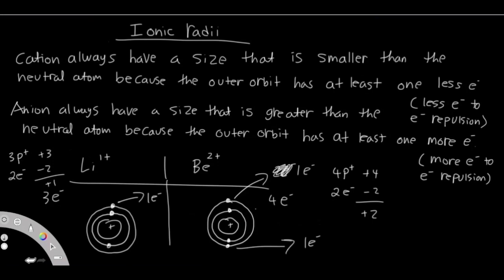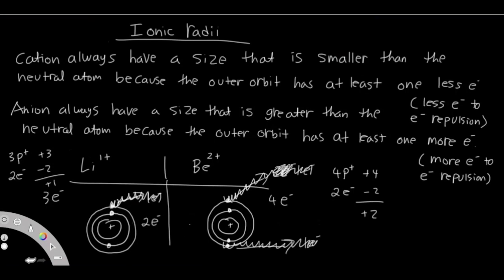Think of it this way. The beryllium, when it loses 2 electrons, there is going to be less electrostatic repulsion. So if we were to look at it this way, get rid of that electron, get rid of that electron. Both have 2 electrons.